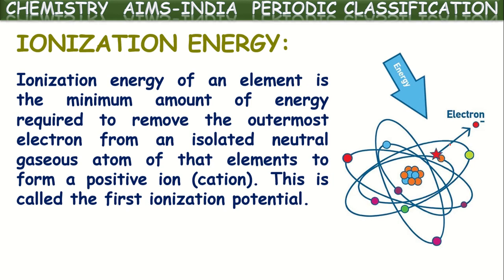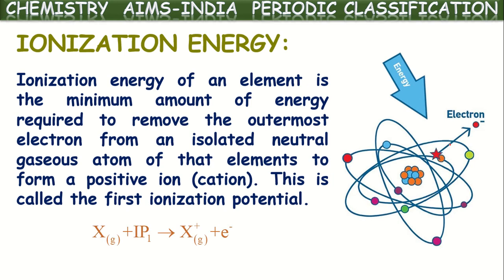But before that, the atom should be isolated from all the remaining atoms, because single atoms generally won't exist. They might be in the molecular form or in the compound form. So first, that atom should be isolated. In that isolated neutral state, the amount of energy required by that atom to eject an electron from its outermost orbital is called ionization energy or ionization potential.